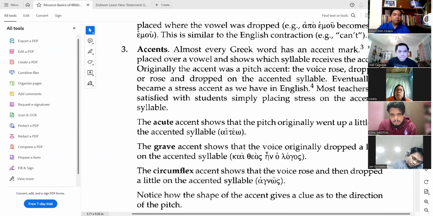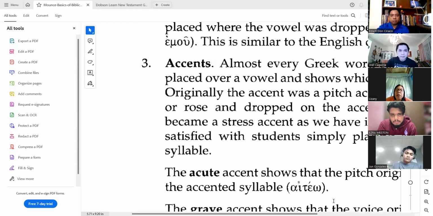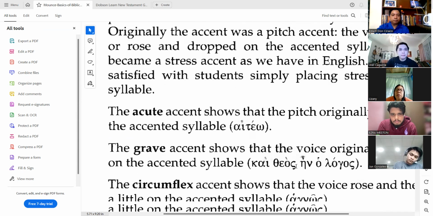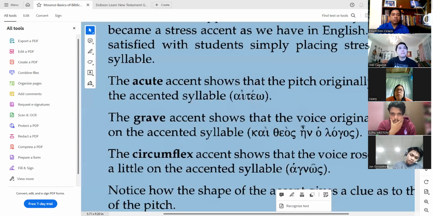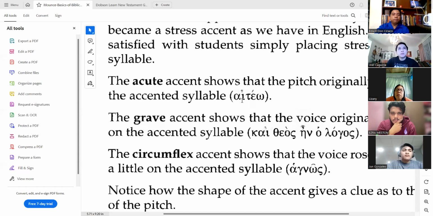So like this one, you notice that the word here has a smooth breathing. So we do not read it with a high. No, we just read it as I. It's a smooth breathing. And then notice that the accent is placed on the epsilon. So when you read it, it is where the pronunciation rises.